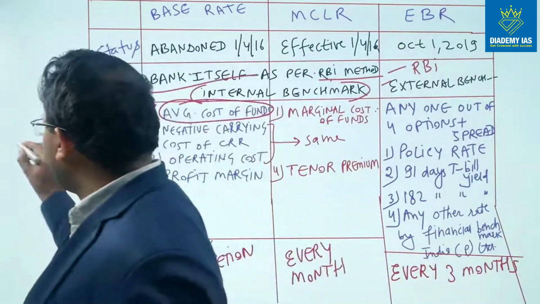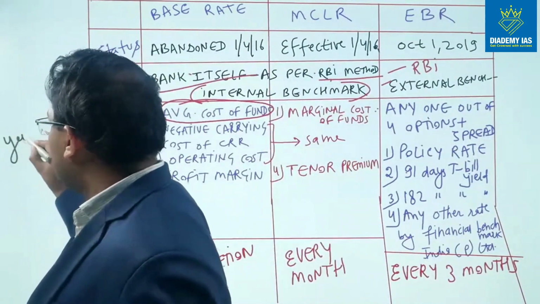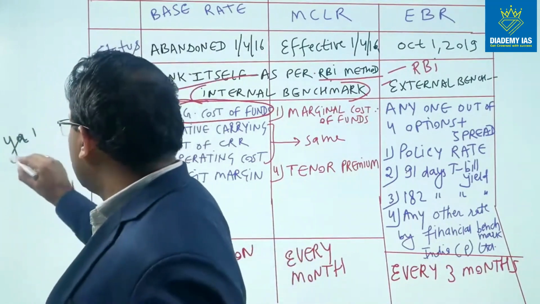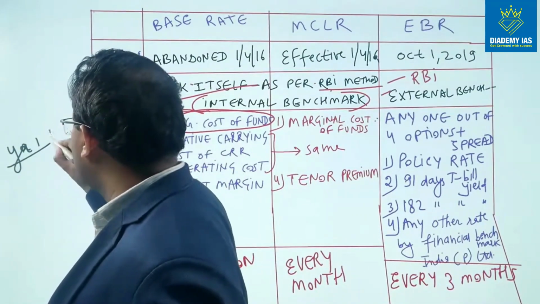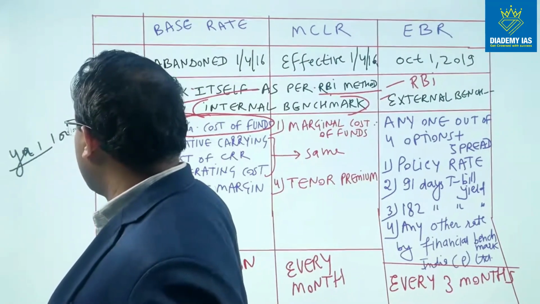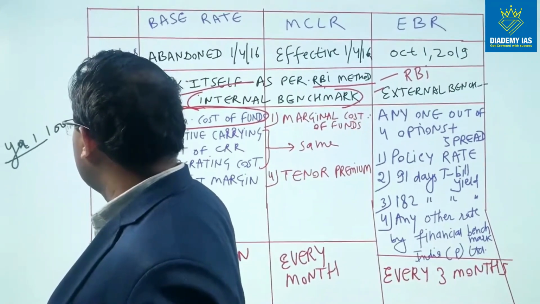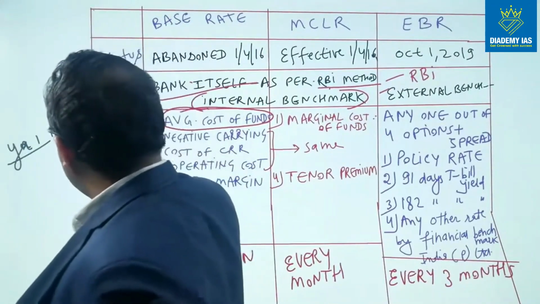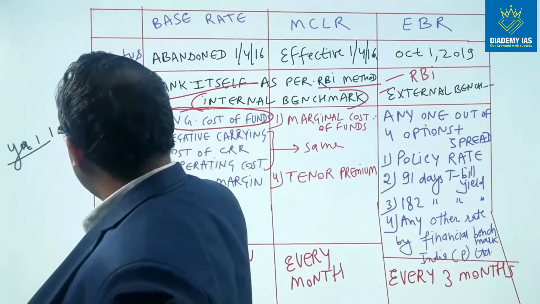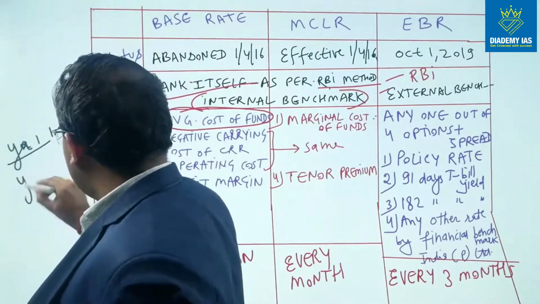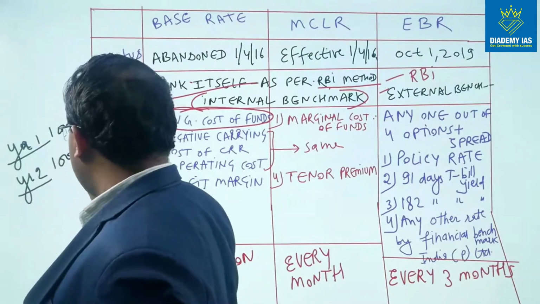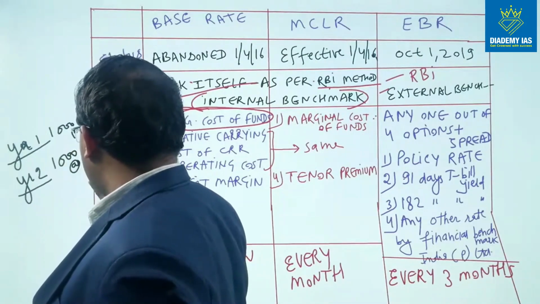For example, in year 1, the bank received 1000 rupees at 10%. In year 2, the bank received as deposit 1000 rupees at 9%.